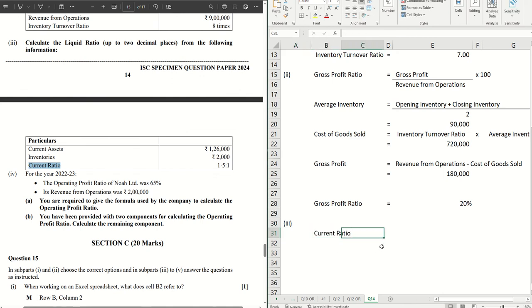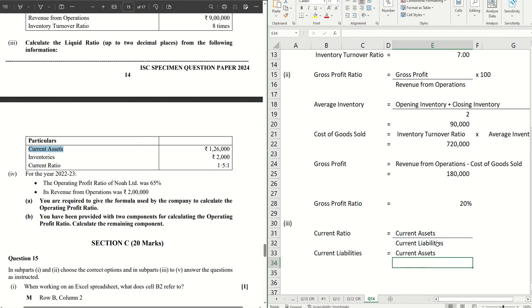So let's do that. Current ratio equals current assets by current liabilities. Okay, so if we just turn the formula around, current liabilities equals current assets by current ratio.